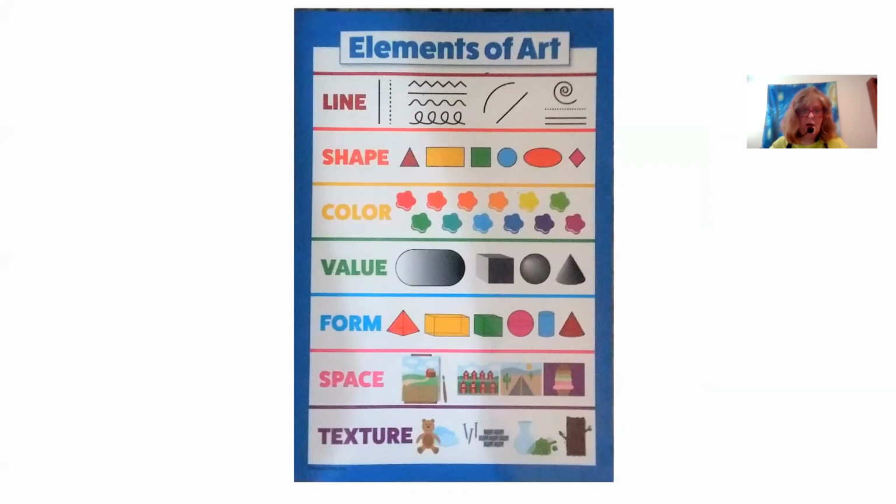We've already talked about line. We've already talked about shape. Color: we are not going to be able to do that much with color mixing because you're working from home. I just wanted to mention that color is one of the elements of art, and pay attention to the colors that you're going to be using in your artwork as well as the colors that the artist Wayne Thiebaud used in his artwork.